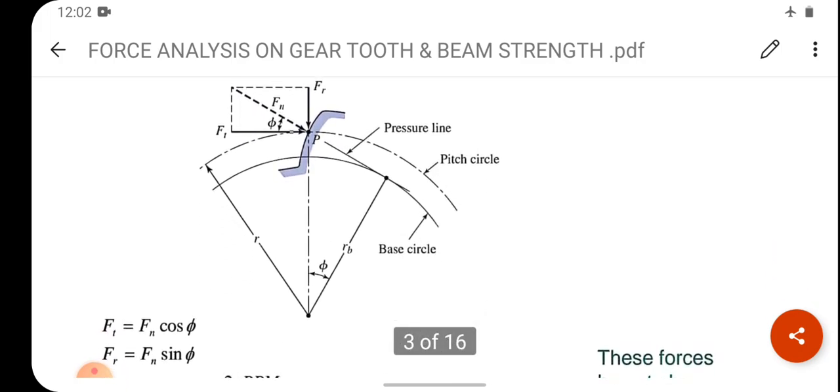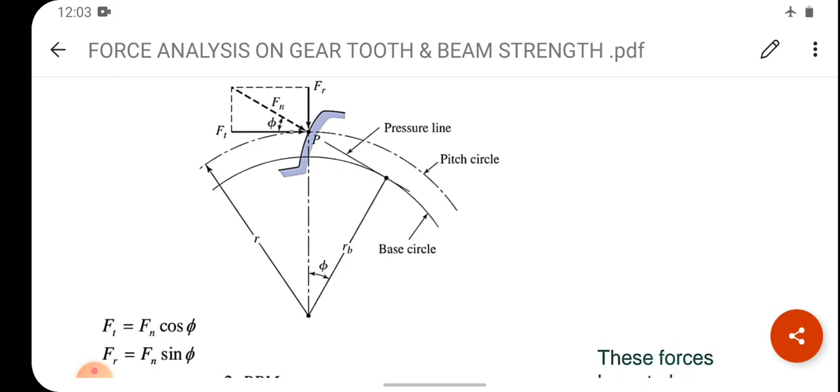See this figure again, I have drawn here in a smaller size. Same diagram here, that is Fr, Ft, Fn, phi, pressure line, pitch circle, base circle, base circle radius, pitch circle radius. Clear?